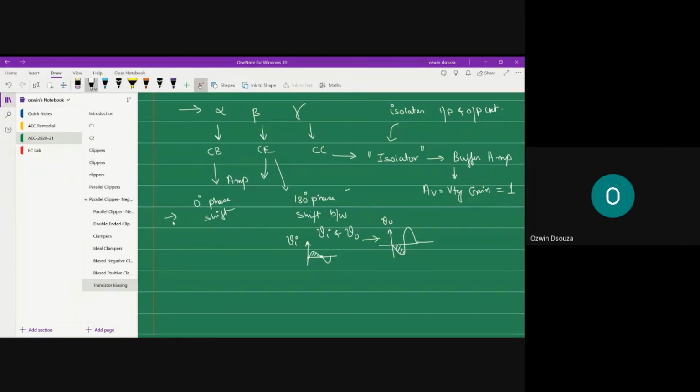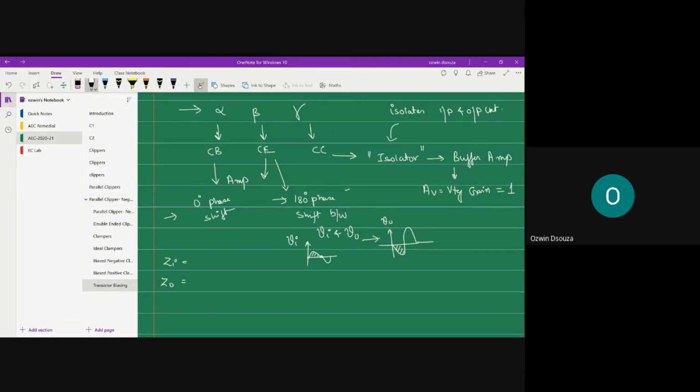You may ask, this gives 0 degree, this gives 180 degree, so why not go for the circuit which gives 0 degree phase shift? But there are some differences, mainly the input and output impedances.